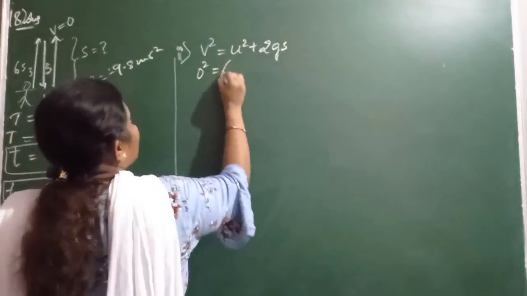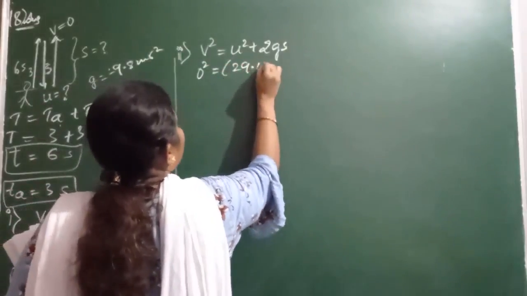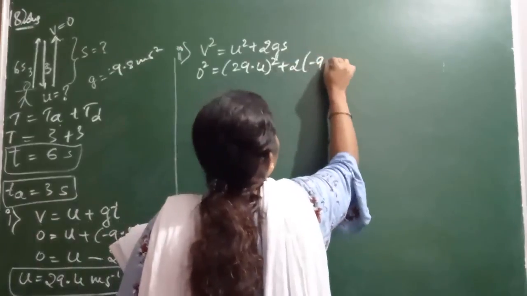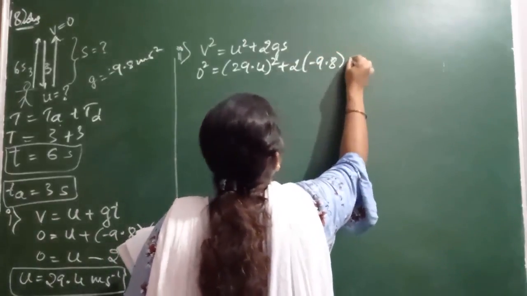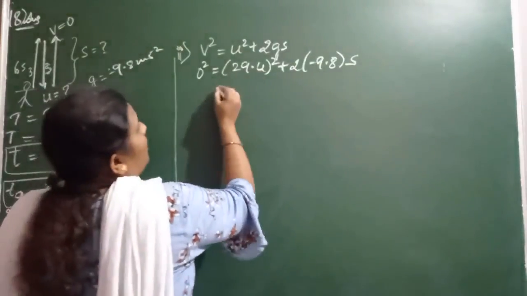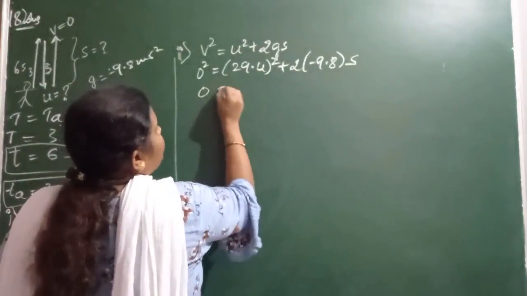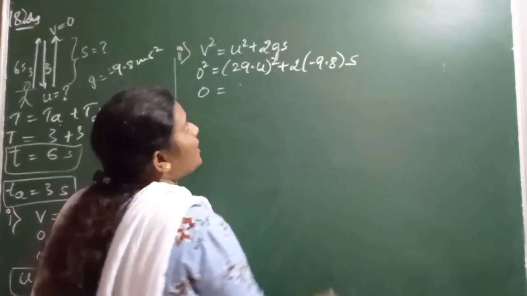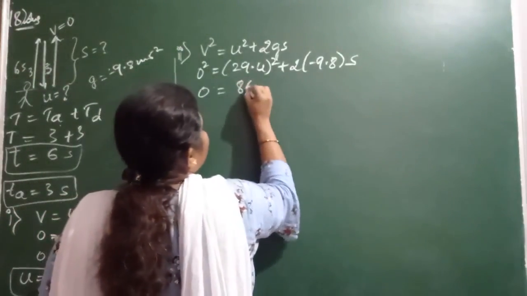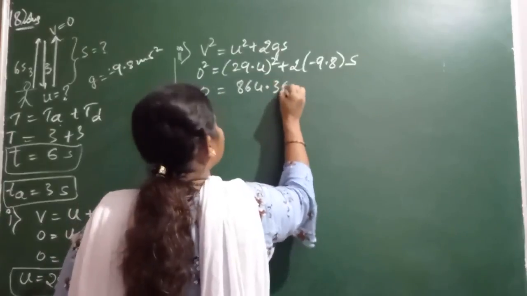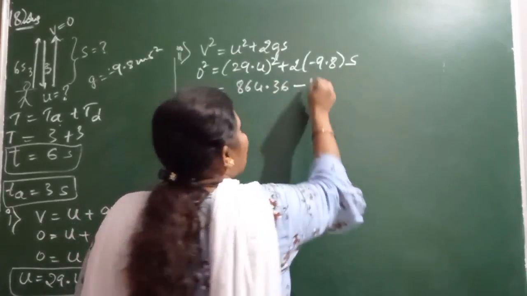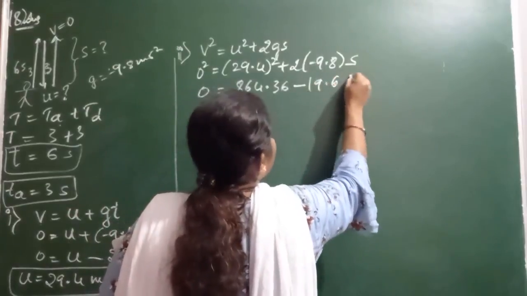What is the u value? 29.4 whole square plus 2 into minus 9.8 into S. So 0 equals 29.4 square, which is 864.36, minus 2 into 9.8, that is 19.6 S.